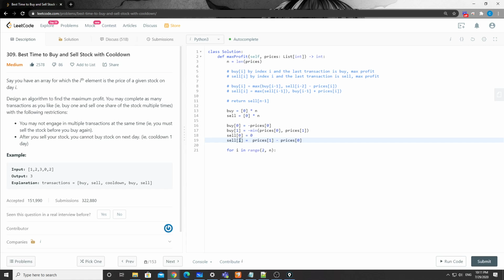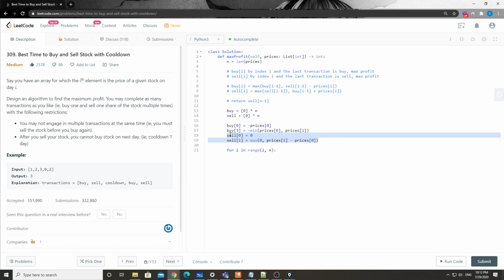Then the sell max profit should never go below 0. That's why we have to set the boundary at 0. So what this is telling us is that I'm not allowing my sell DP to be smaller than 0, because I can always choose not to buy and sell, right?